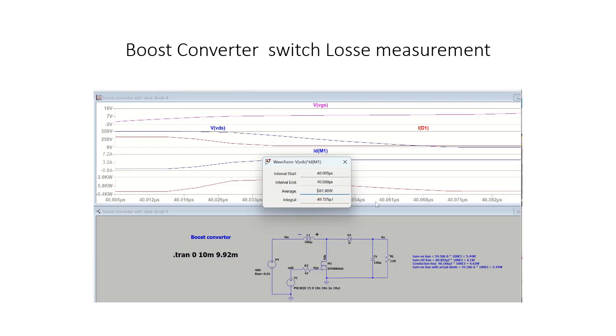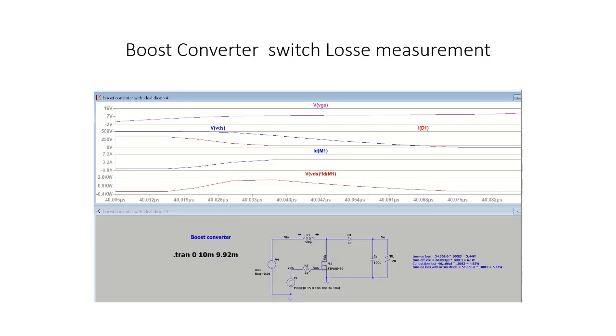The average power dissipated during this interval, and this is the energy dissipated during this interval, that is 49.725 microjoules. If you multiply this by the switching frequency, you'll get the turn on losses. I'll close this. I'll go to the turn off process.